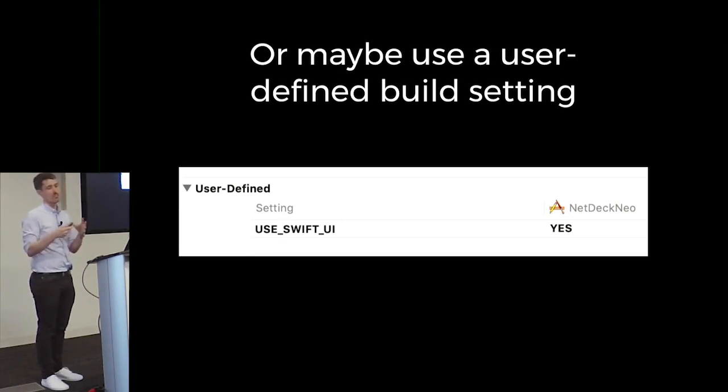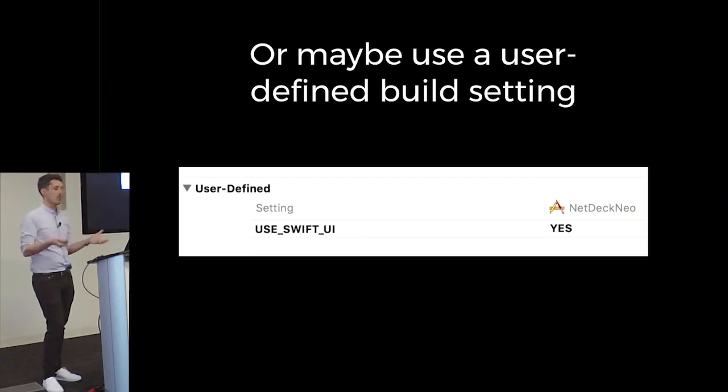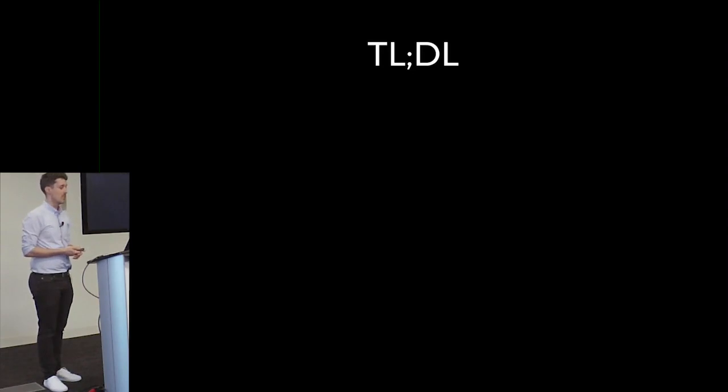So say for your own development and for your own learning, but then only ship UIKit out to the world. But really, I think what's important is being able to build this sort of playground in which you can test and learn SwiftUI on a real-world application and get real-world feedback on how you can use it. So that's super interesting. So let's recap.